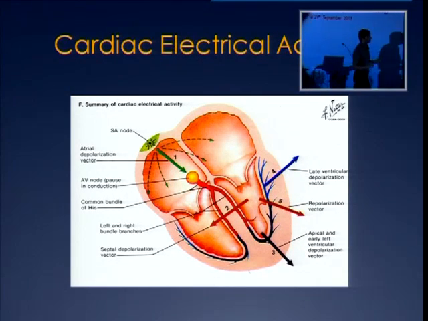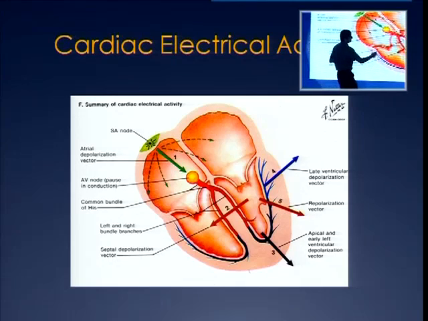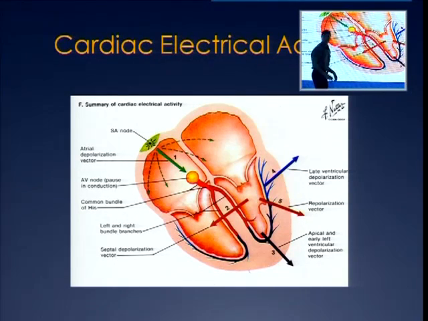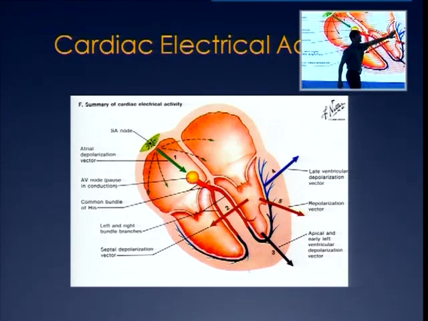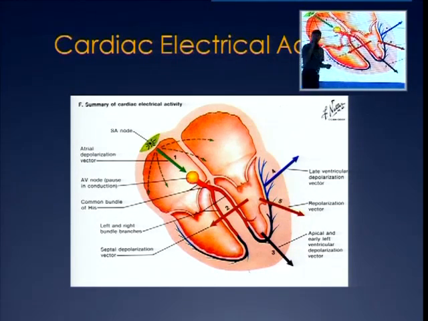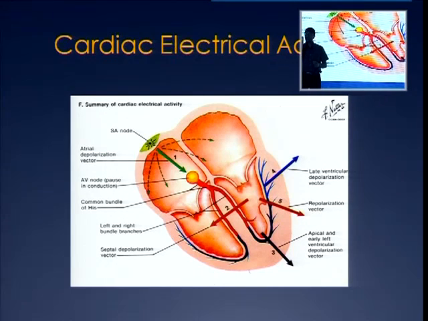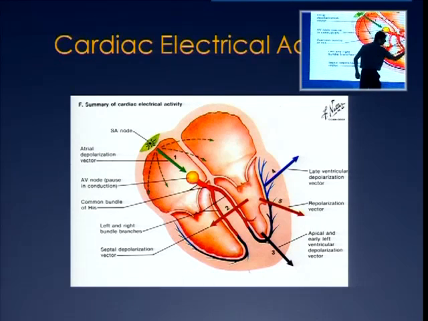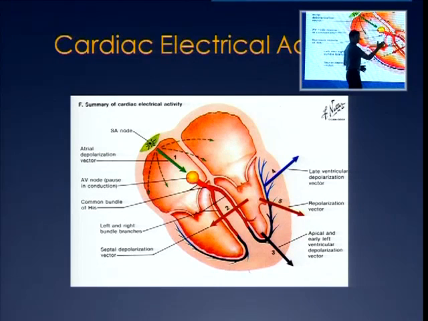Yeah, so the most important thing here is the first vector of depolarization is from left to right. And you must remember that V5, V6, 1 and AVL, etc., they're sitting here. So that's the reason why you will see the small septal Qs in V5, V6, 1 and AVL. This is the reason, because the initial activation is from left to right. It's going away from those leads.